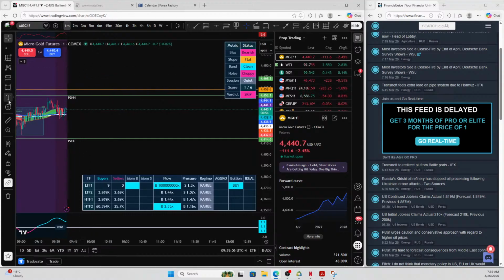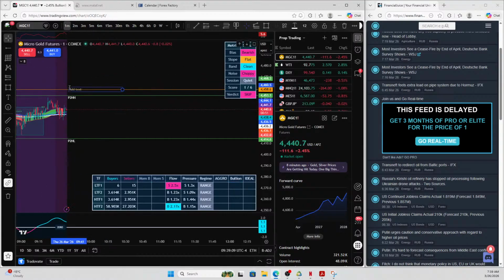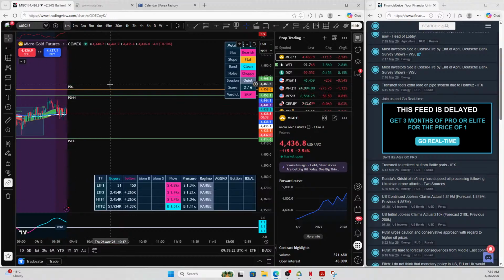And what is this? This is our previous daily high. That's not previous daily low, sorry. So we are below the previous daily low.